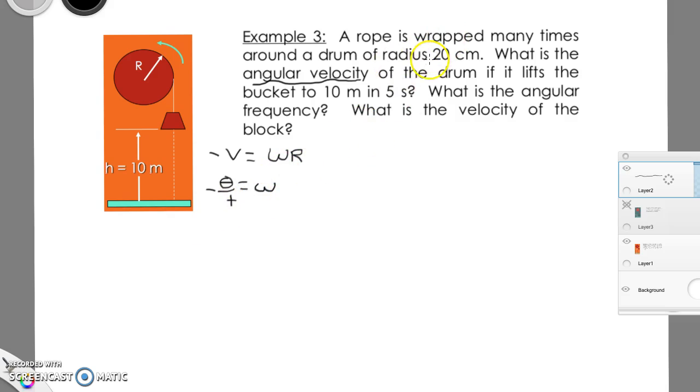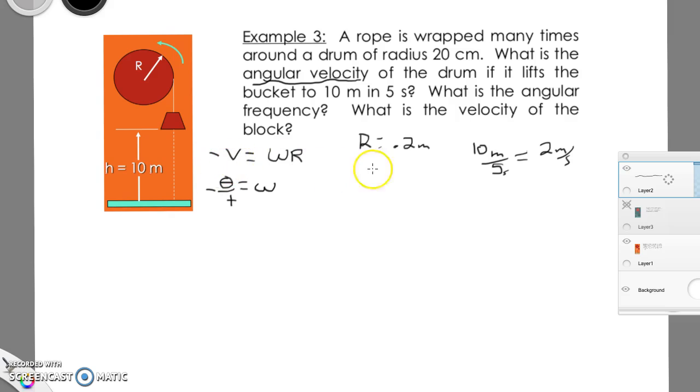So either way, we know that the radius is equal to 20 centimeters, or 0.2 meters. And if we're going to go a distance of 10 meters in 5 seconds, that's going to give us a linear velocity of 2 meters per second.